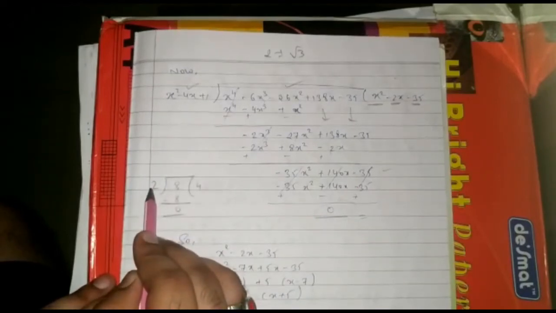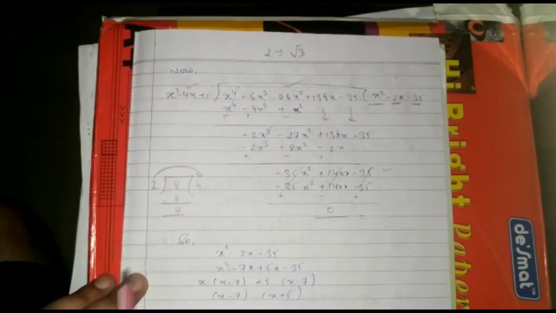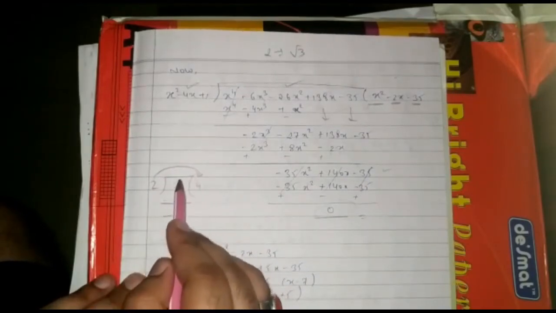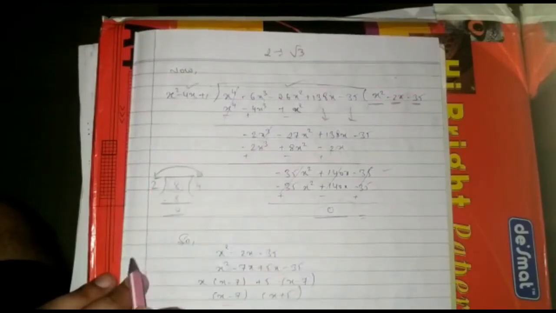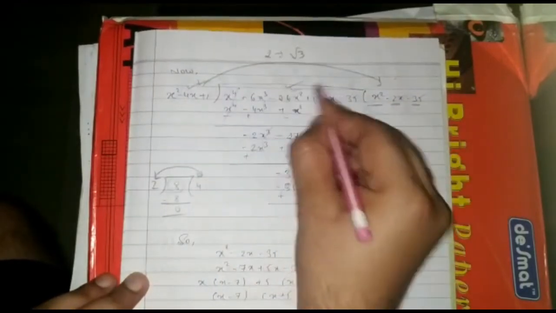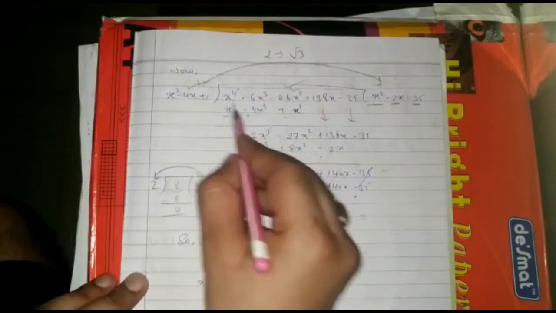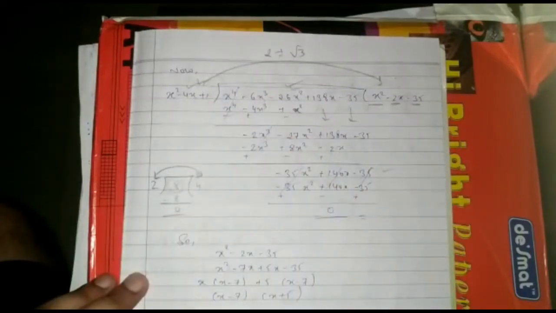Let us understand a little bit. When we divide 8 by 2, we have to multiply 2 by 4 to get 8. So 2 into 4 gives 8. That means when we multiply this term and this term, we get our polynomial. Similarly, when we multiply this term as well as this term, we get our actual polynomial. So this polynomial is a multiple of these two polynomials.